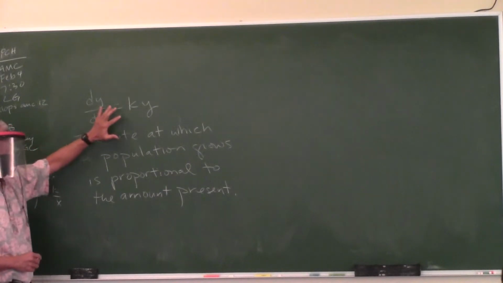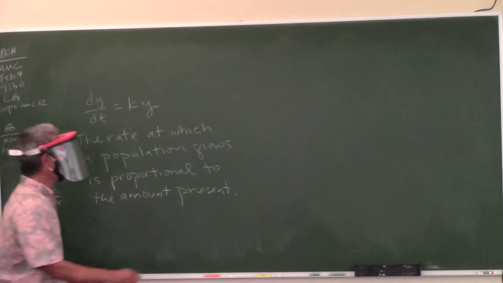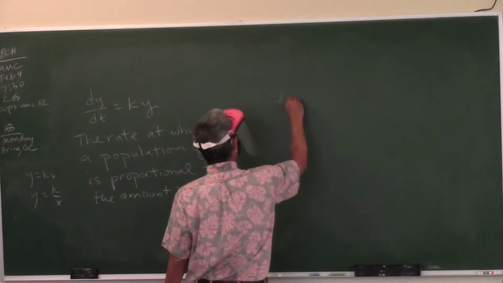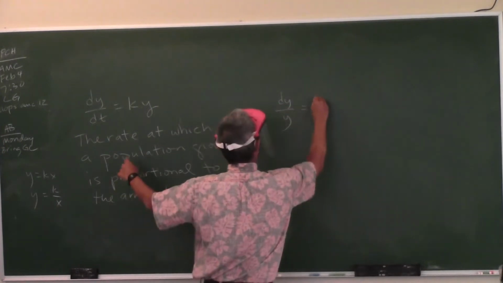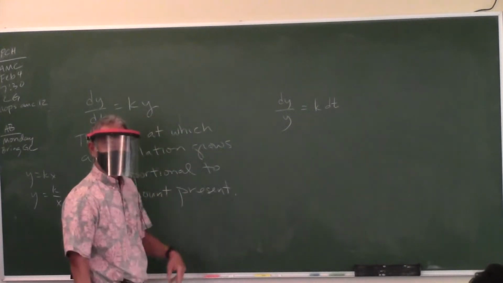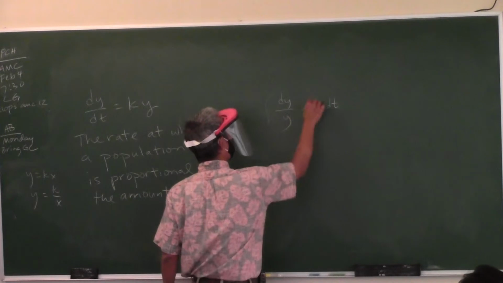Anyway, so how do you solve this differential equation? We know how to do it now. We separate the variables. So what you do is you move all the y's on the left, so divide the y on this side, and then move the dt on this side. And then what's the second step? Integrate both sides.